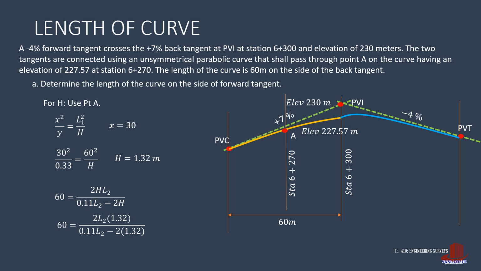That would have 60 is equal to twice of L2 times 1.32 all upon 0.11 L2 minus 2 times 1.32. Cross multiply and have 6.6 L2 minus 158.4 as equal to 2.64 L2. The length of the second curve is then solved as 40 meters.